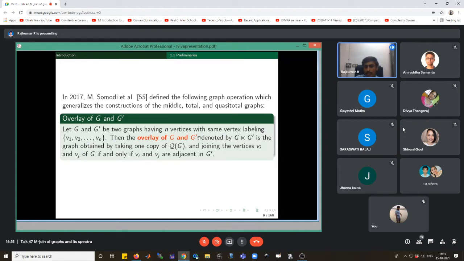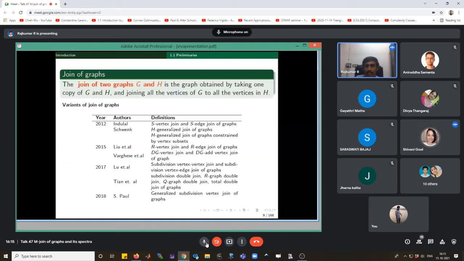Then the overlay of G and G' is the graph obtained by taking one copy of Q(G) and joining the vertices vi and vj of G if and only if vi and vj in G' are adjacent. This is one nice construction.